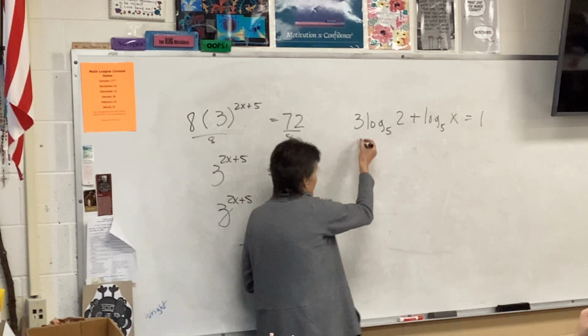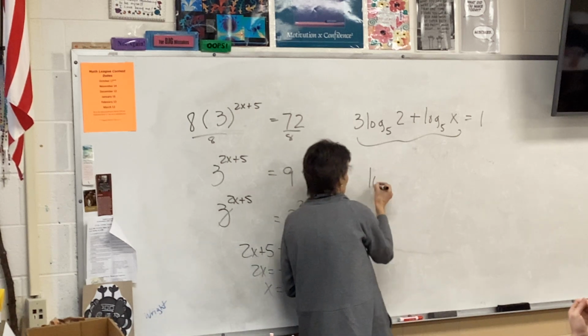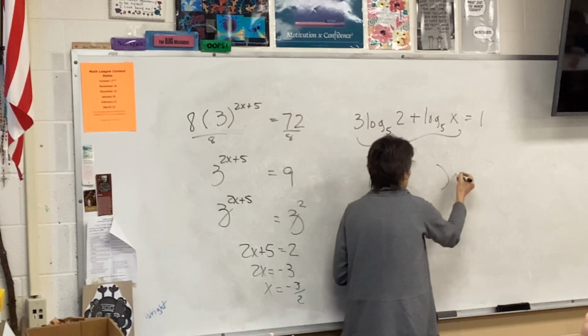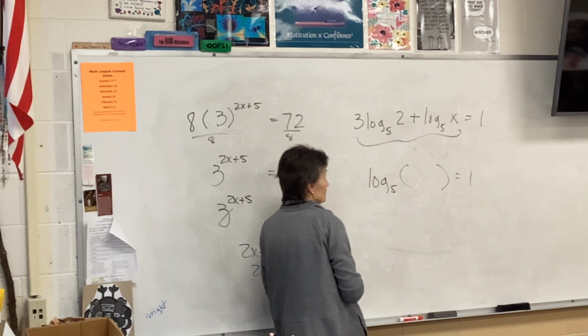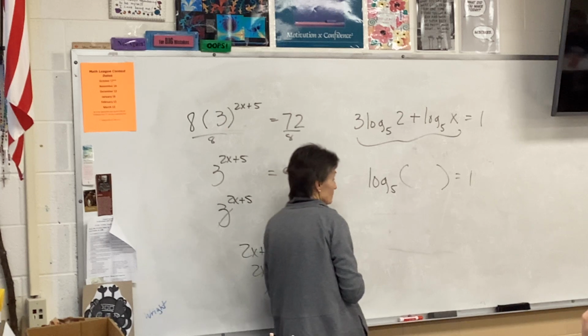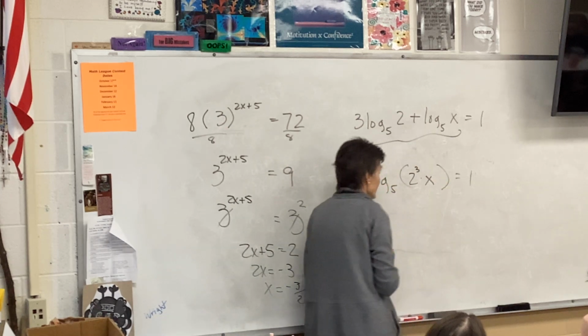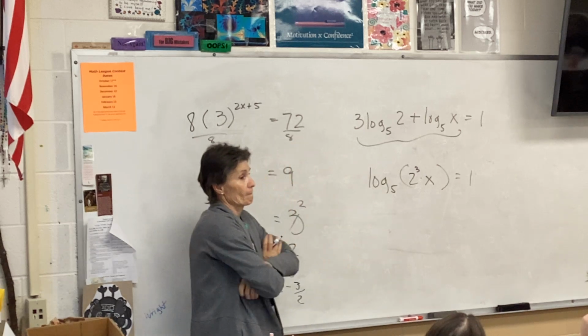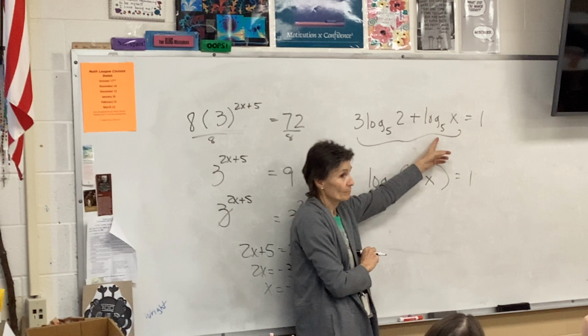Would it be log base 5 and then the 2 squared times x? I mean 2 cubed times x. Take a look at that and see what you think. First of all, did you notice you have 2 of them?